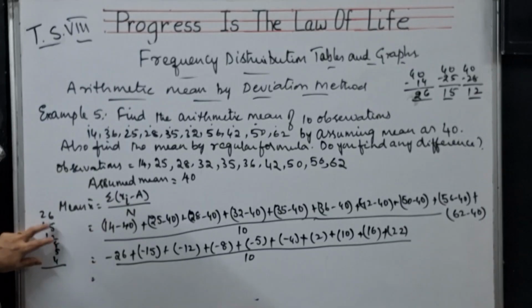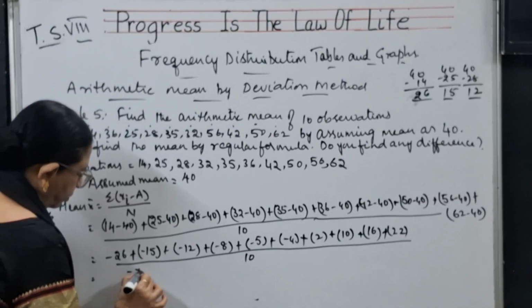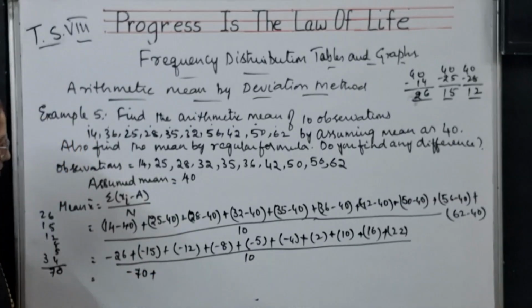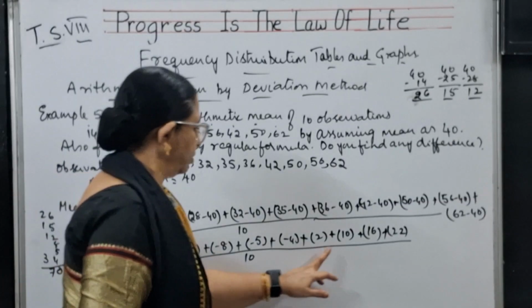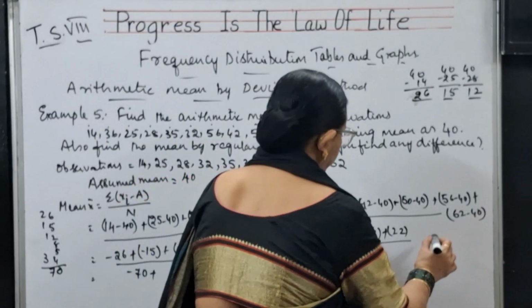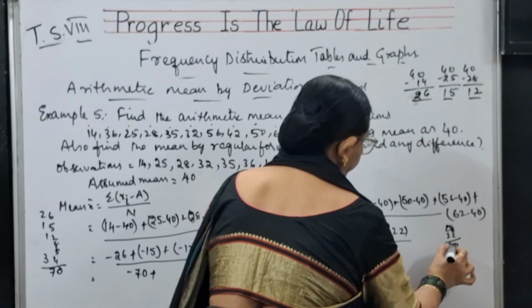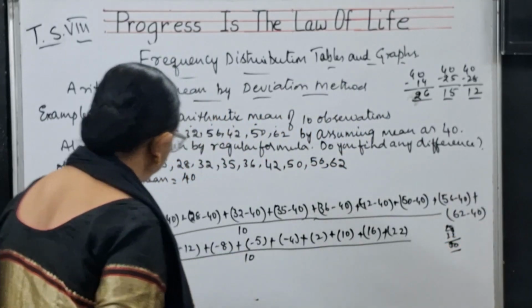So 10, 10, 20, 30, and 3, 4, 5, 7, so you are getting negative 72. Now the positive values: 2, 10, 16, 22, which add up to 50.